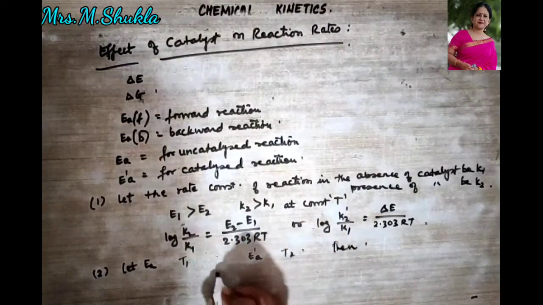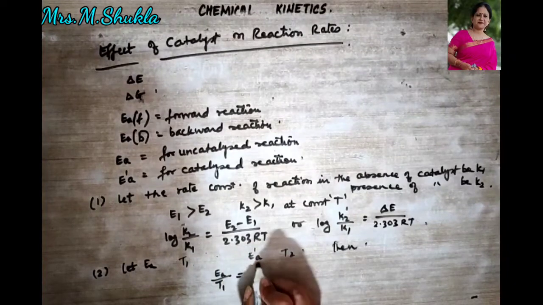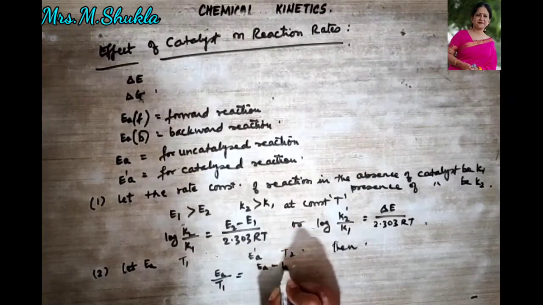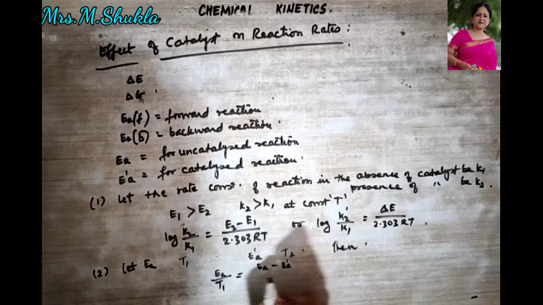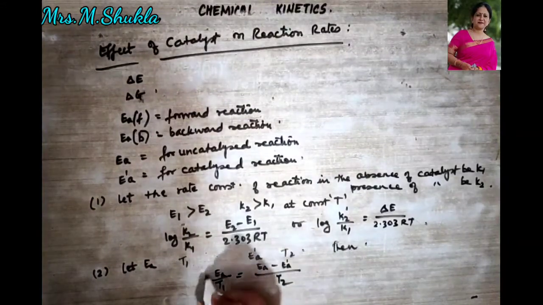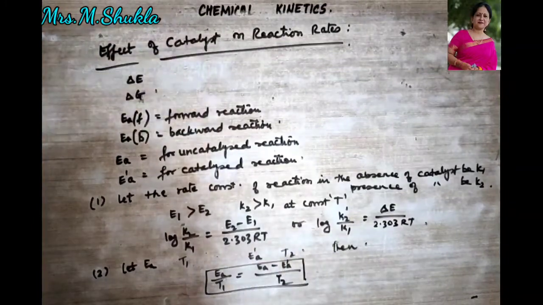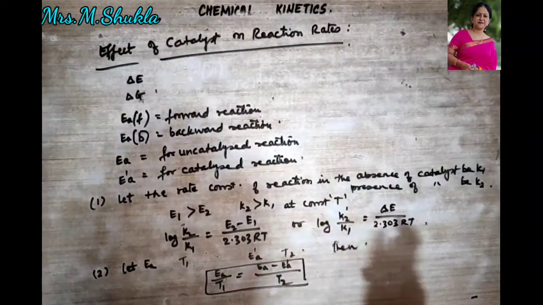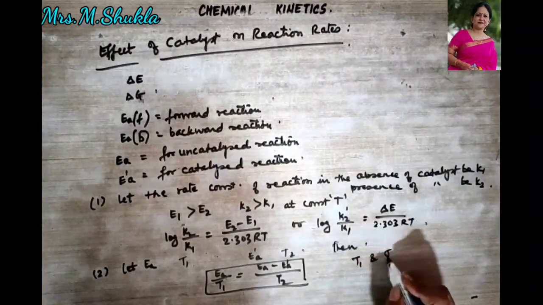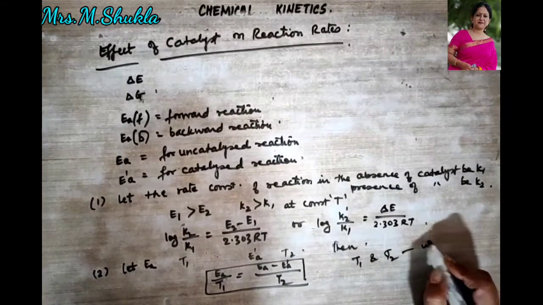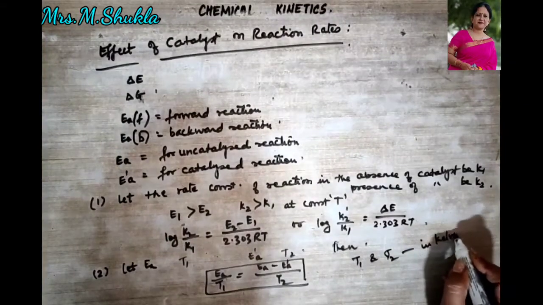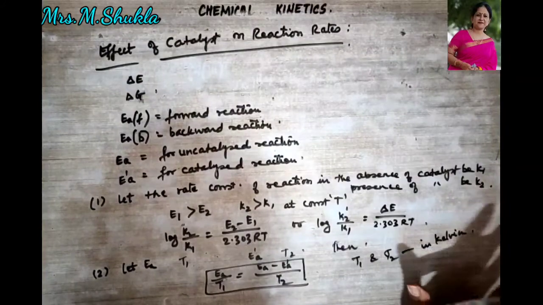Then we will see that EA upon T1 is equal to EA minus E-A dash upon T2. Okay, so this is the equation that we obtained. Over here, remember T1 and T2 are always in Kelvin. Okay, they should always be taken in Kelvin.